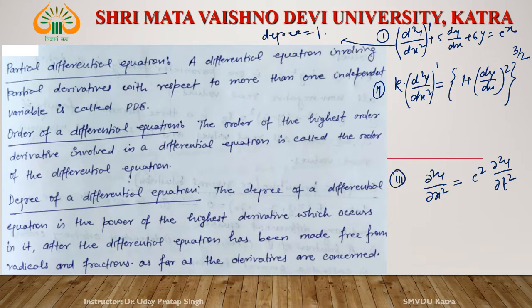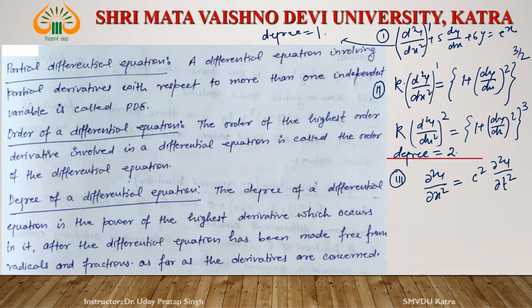So it is 3 by 2. This can be written as k into d2y by dx2 whole to the power 2 is equal to (1 plus dy by dx square) whole to the power 3. What is the degree? The degree is 2. Now come to the third equation.